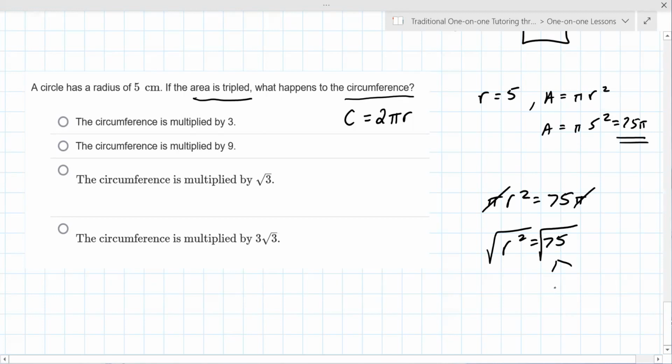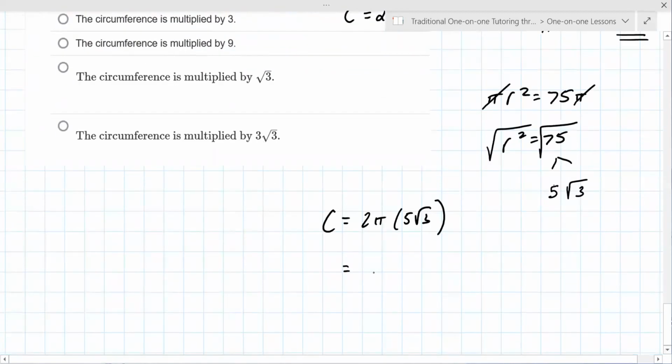Okay, I get 5 times the square root of 3. Perfect. So that's our new radius. So our circumference is 2 pi times 5 square root of 3. So it becomes 10 pi square root of 3.